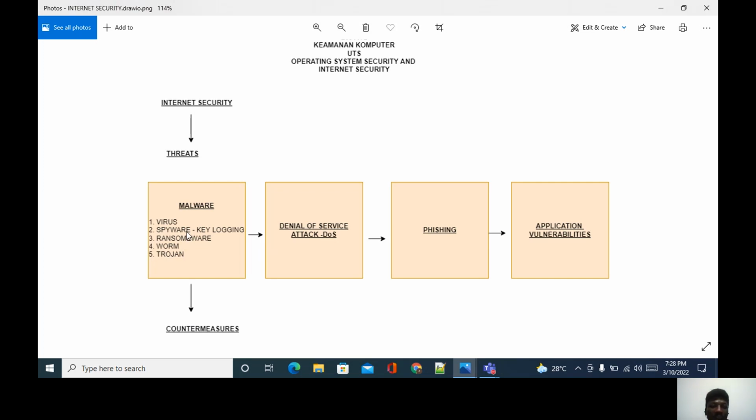Here we also have spyware. As the name suggests, to spy means to spy on users to get their information. So we may have keylogging. Keylogging means that there are some programs that will detect when you are typing.